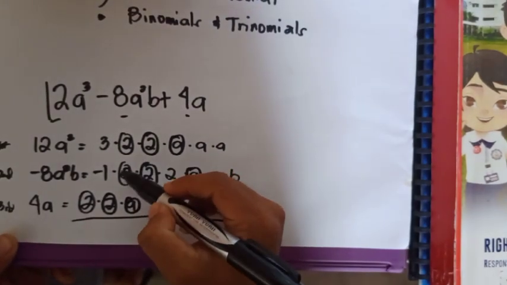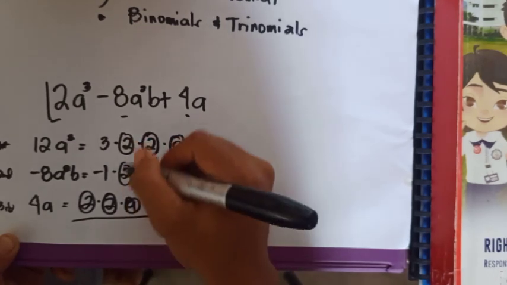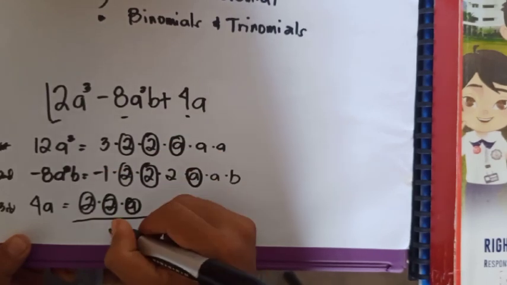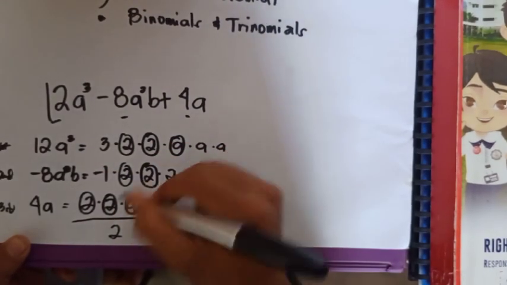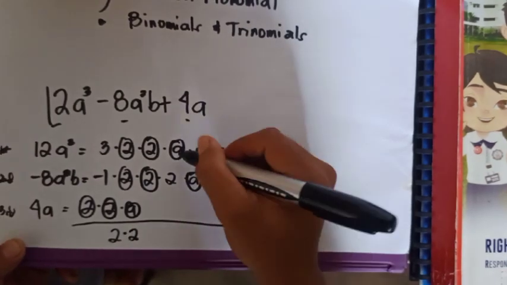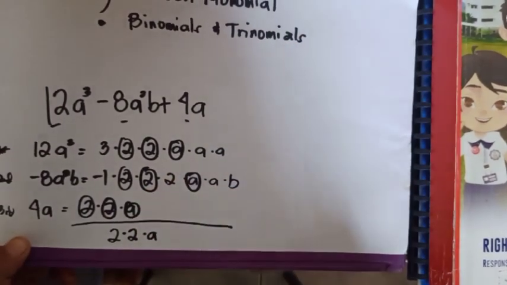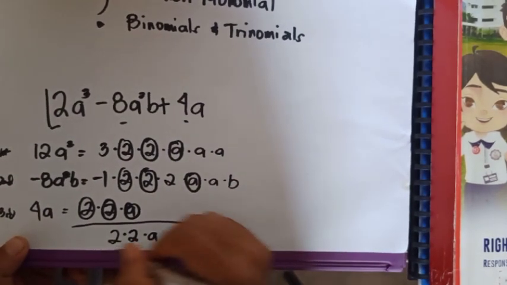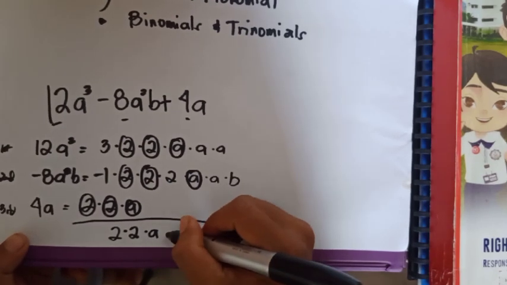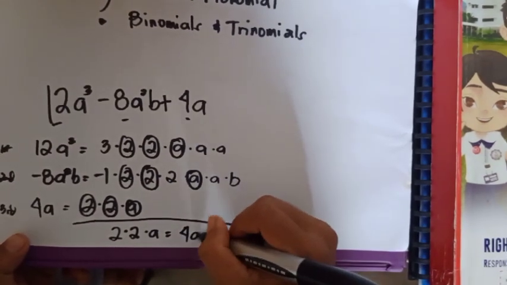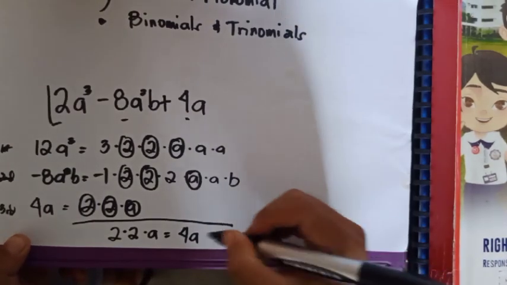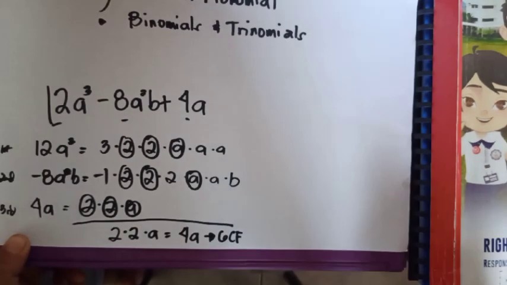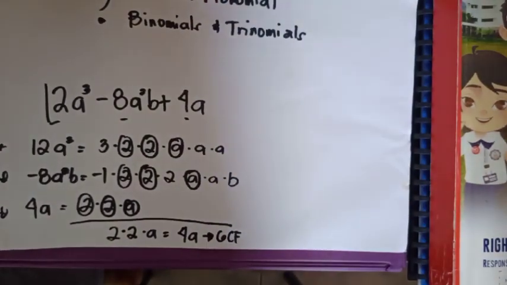So we bring down the common factors, which are 2, another 2, and a, and we multiply these factors. So we will get 4a. Now, this is our GCF, or the greatest common monomial factor.